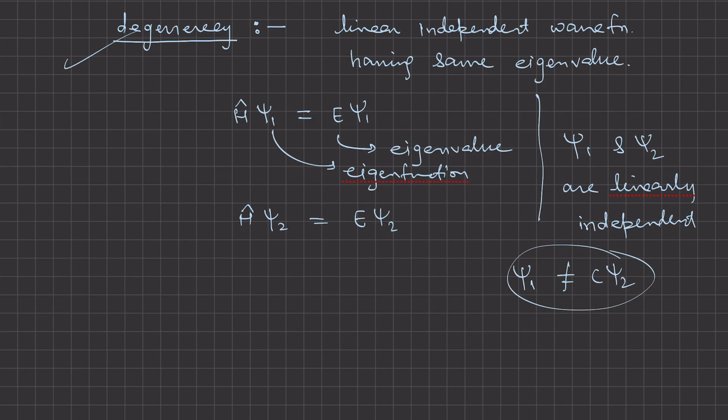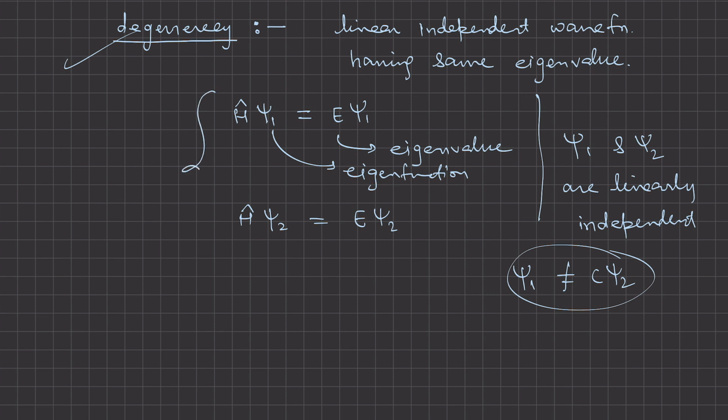So they are linearly independent, they correspond to the same eigenvalue, and that is why they are degenerate. And suppose we have separate eigenvalues e1 and e2, then this is not the case for degeneracy. So this is what I wanted to state.